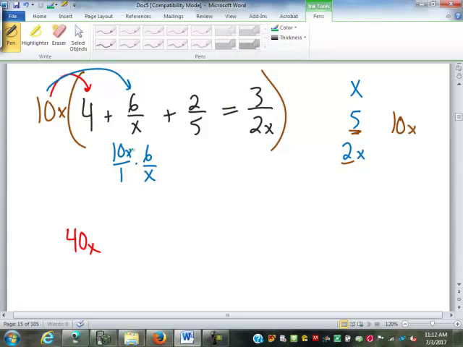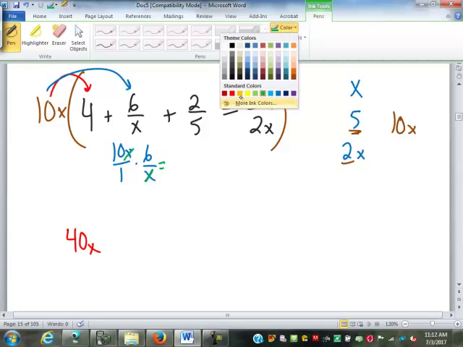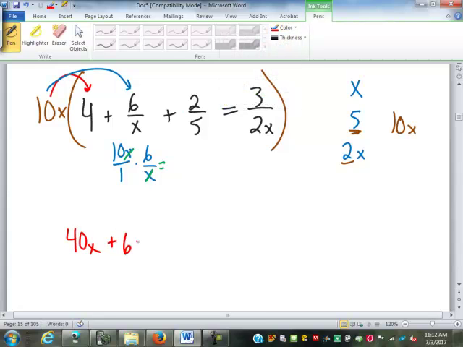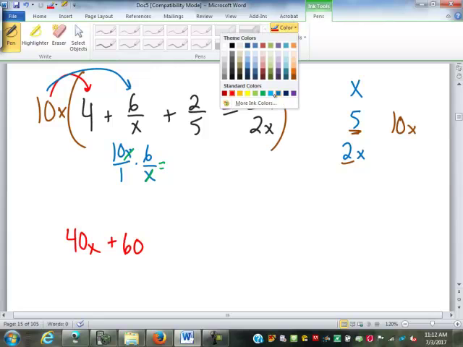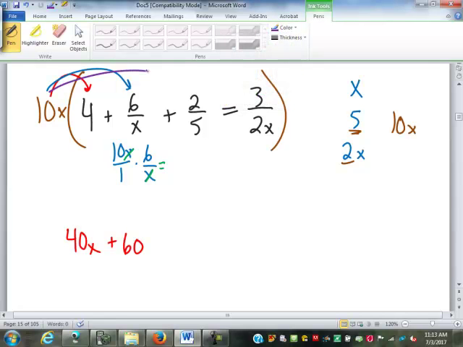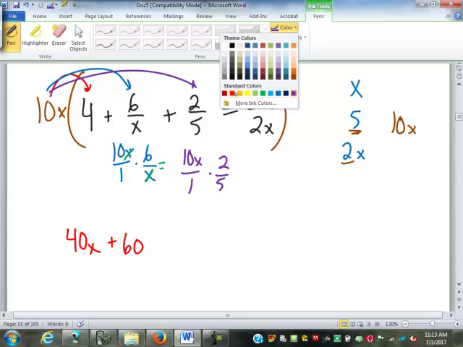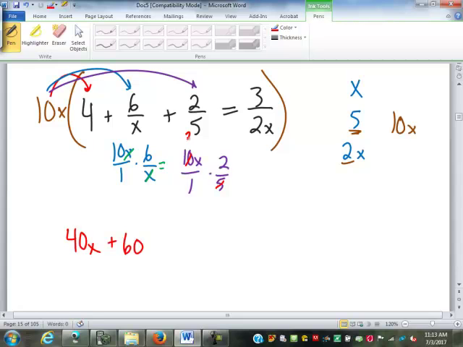I'm just going to cancel out the x's. 10 times 6 is 60, right? What's next? 10x over 1 times 2 over 5. Now I'm going to cross cancel the 5 and the 10. Gives me 2 and 1. So 2x times 2 is 4x.